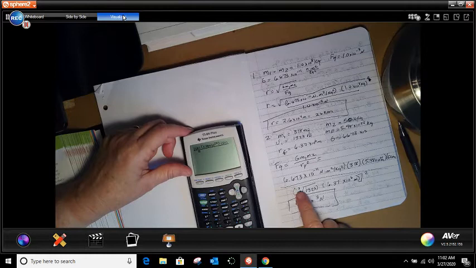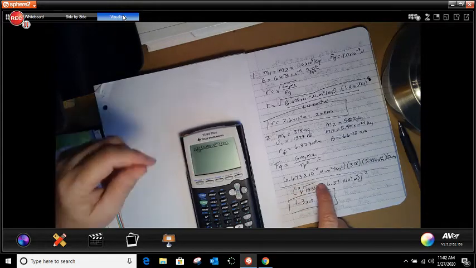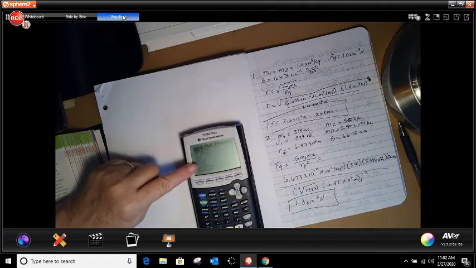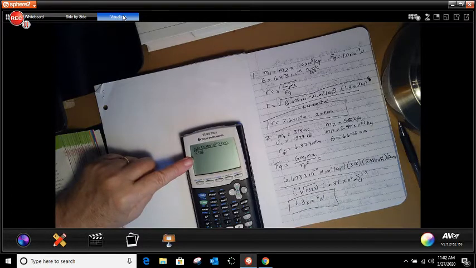So, to be able to get this, what you're going to have to do is, I'm going to start off with this first, and then I need to get this 3 square root of. So, I'm going to go to math, number 4, okay? And then I'm going to put in my 1323, and I'm going to close my bracket.